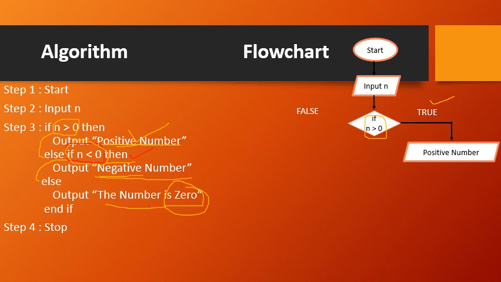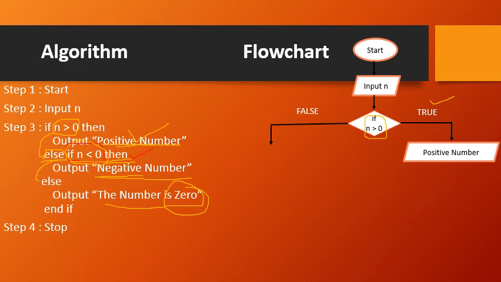What if this particular condition is false? If this n greater than 0 is not true, means it is false, then it will come onto the other part. That is for the else part. Now pay attention here. Now we are in the other part of the first condition, that is the else part. In this else, what is the statement we have written in the algorithm? It is another if condition, right?